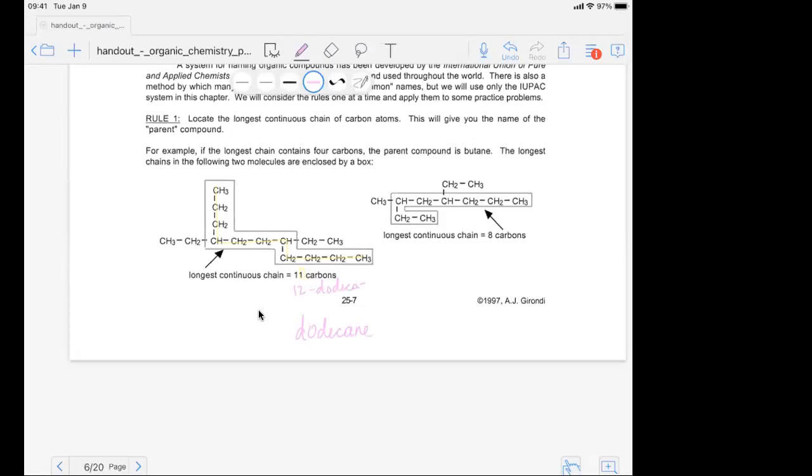Okay, so then once we identify that, we identify our alkyl groups. So anything that's not highlighted, this is why I recommend highlighting or circling your parent chain so that it's very clear what the alkyl groups are. In this case, we have 2 alkyl groups that are both the same. They are both ethyl.